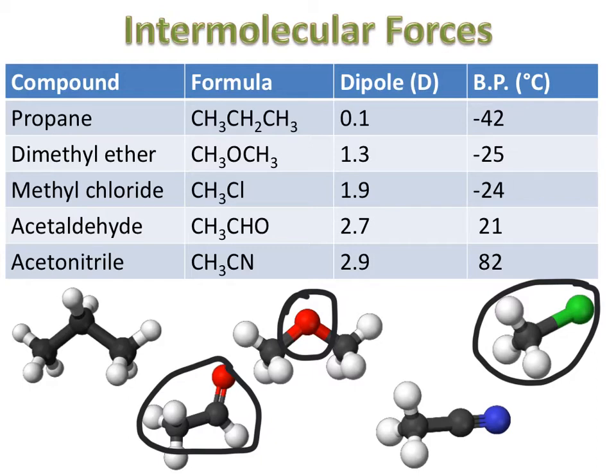The result is a fairly large dipole of 2.7, and the boiling point is now 21 degrees Celsius. And then finally acetonitrile. This molecule over here has a nitrogen on it, and the result is a boiling point of 82 degrees Celsius.